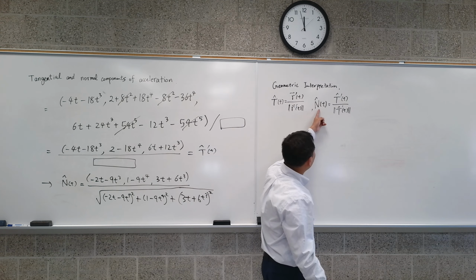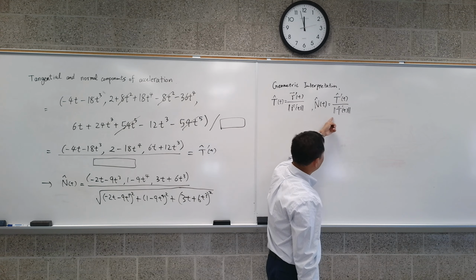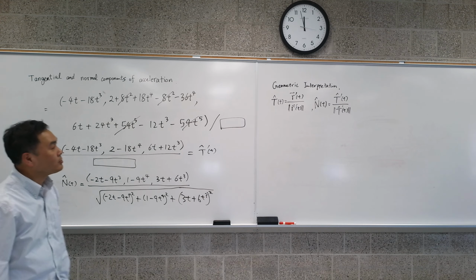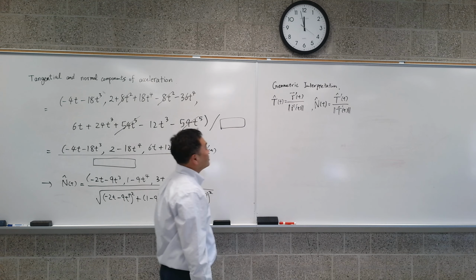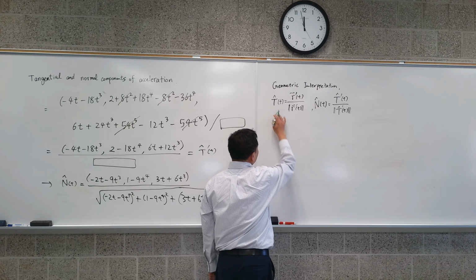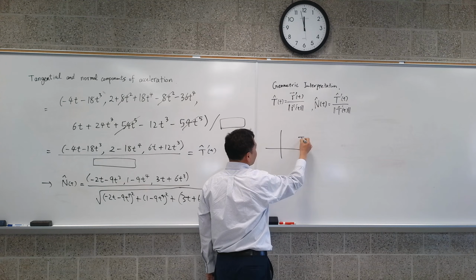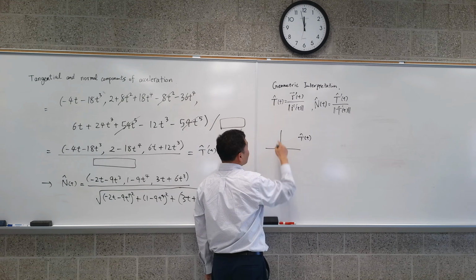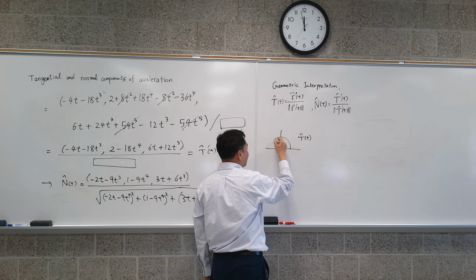You really can't help it, because once you divide, if this is not a 1, then you end up with some horrible results, okay? Now, this is a vector of size 1. What does that mean? That means T of t, let's forget the fact that this is 3D. If this was a 2D vector, what does that mean?